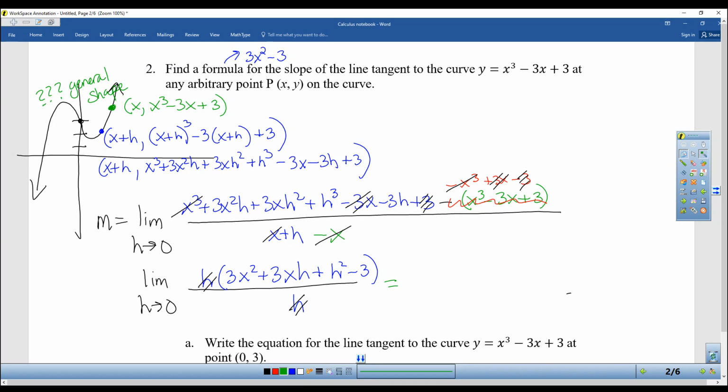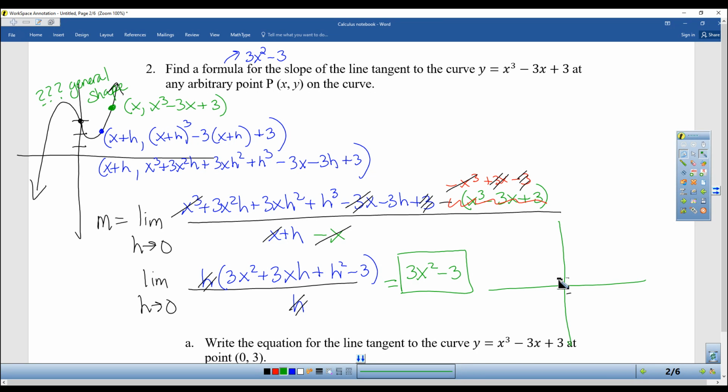Well, there's no h here, so you still have a 3x squared. There's an h here, so this whole term is going to become 0. And this is going to become 0, and you're left with a -3. That is a formula for the slope of the line tangent to the curve at any point. Okay, so we actually could make a pretty nice general graph from this.